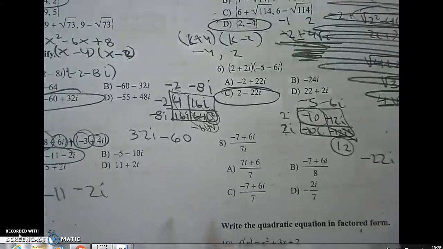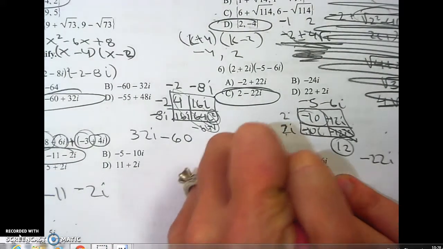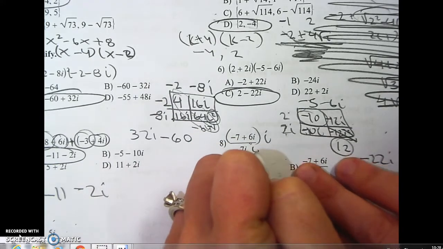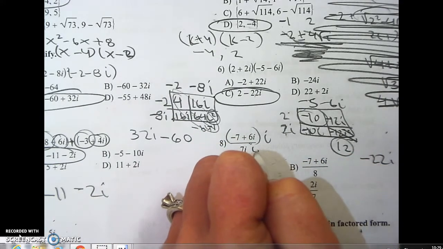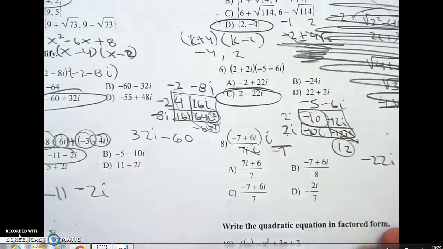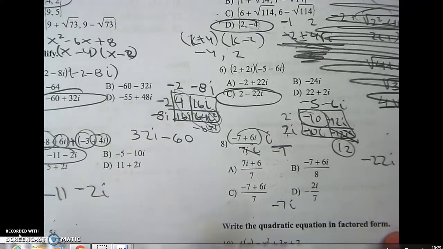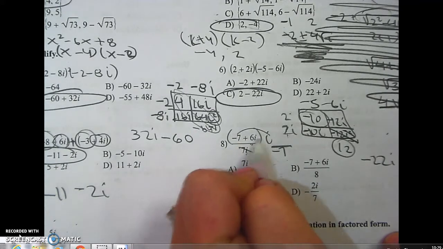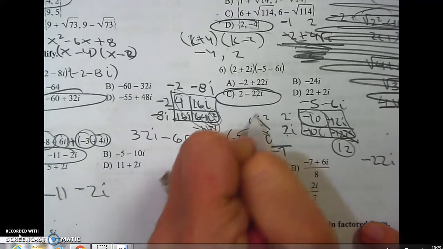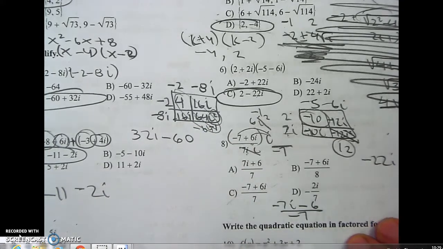Number 8, the reason I don't like 8 is because you can't have an i in the denominator. So if you multiply it by itself, i times i is i squared. I squared is negative 1 times 7 is negative 7. That's in the denominator. And then negative 7 times i is negative 7i. 6i times i is 6i squared, but that's negative 1, which means that's negative 6 over negative 7.